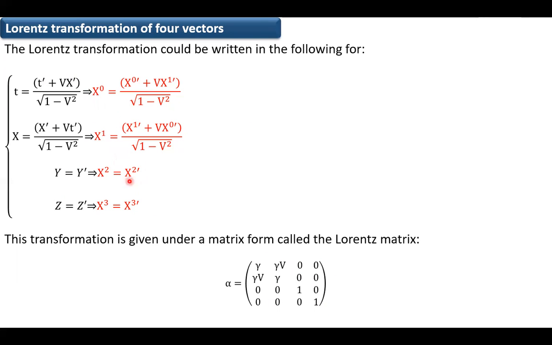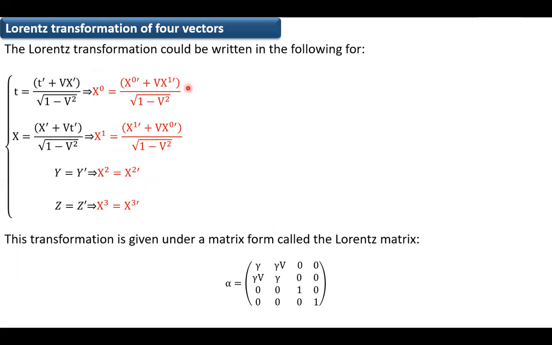So from the set of Lorentz transformation equations, x0 as a function of x0 prime is 1 over the radical, so it's gamma. x0 as a function of x1 prime is v over the radical, so it's gamma v.